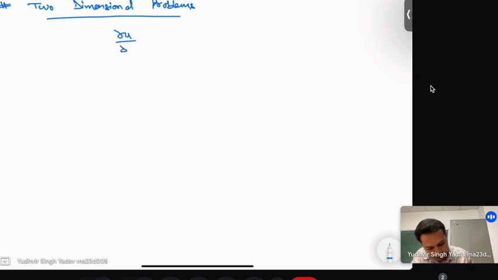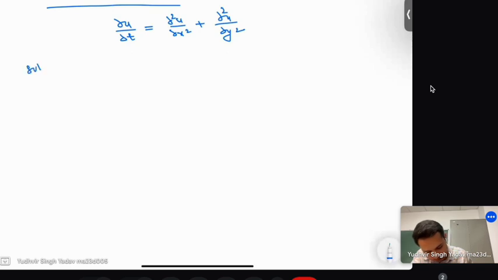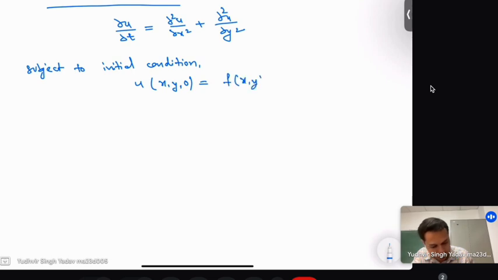For this purpose, we will consider a heat equation in two dimensions. Suppose del u by del t equals del 2 u by del x square plus del 2 u by del y square. Here we have the spatial dimensions in both x and y, which is subject to some initial condition, u(x, y, 0) equals some function of x and y.